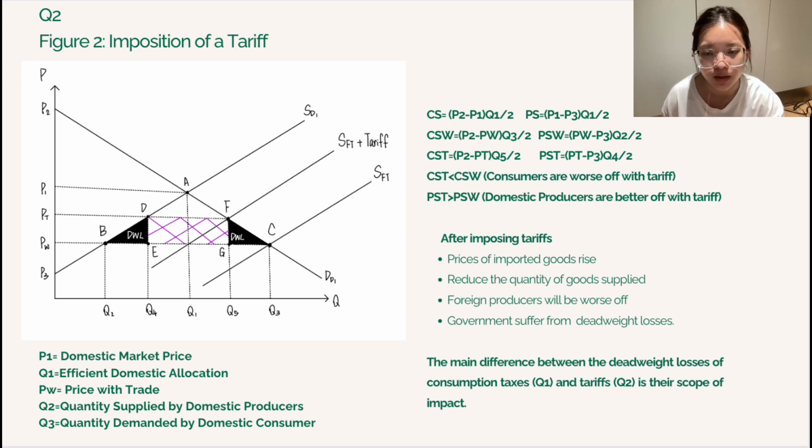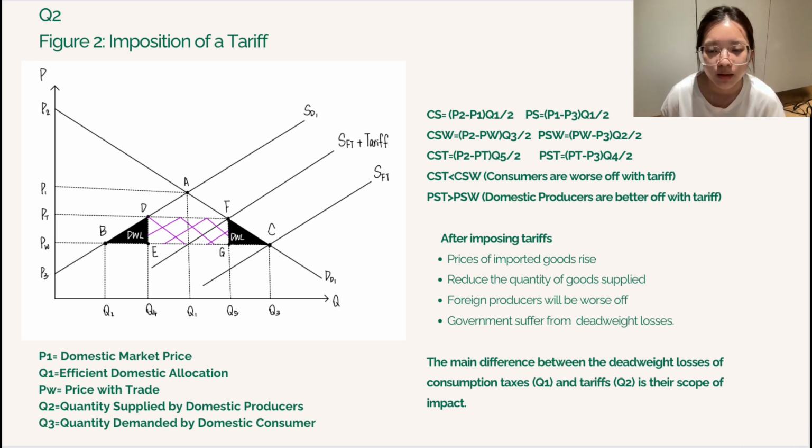It can be concluded from the figure that a tariff will cause the price of imported goods to increase and thus reduce the quantity of goods supplied. Foreign producers will be worse off after tariffs are imposed because they will be able to export less. However, the government will suffer a loss because of the following deadweight loss.